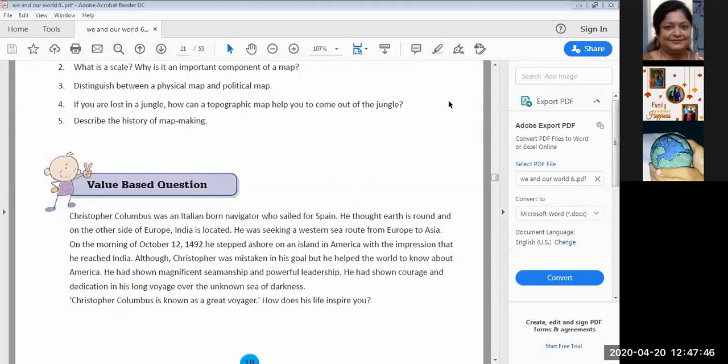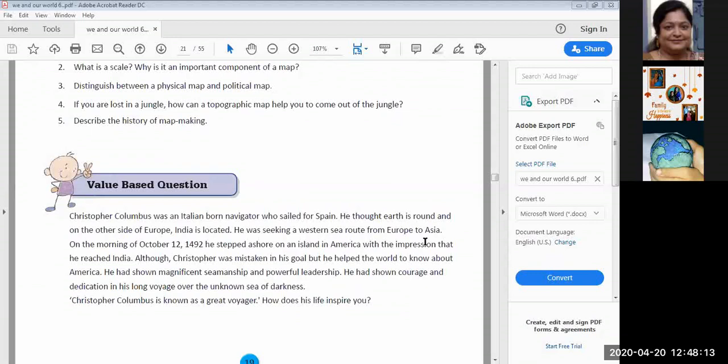Now the value-based question for you is, Christopher Columbus is known as a great voyager. I do agree. How does his life inspire you? His life inspires us in the following way. See how you'll write. Point number one, he took a western sea route from Europe to Asia using only a compass.